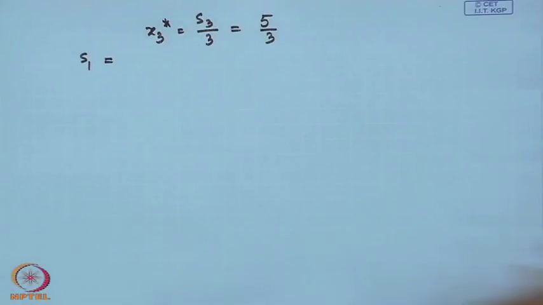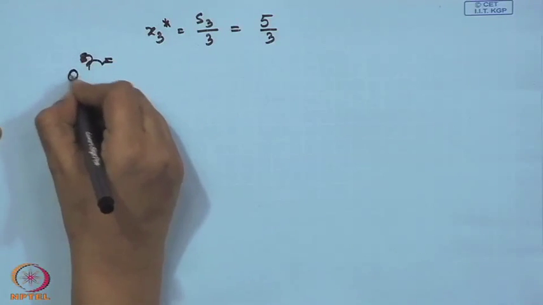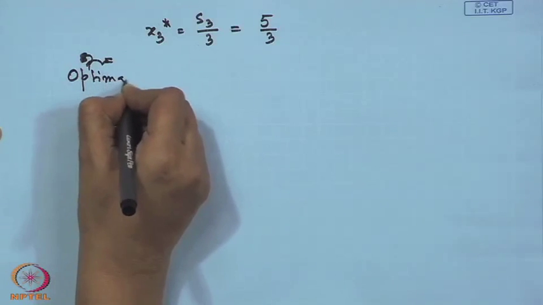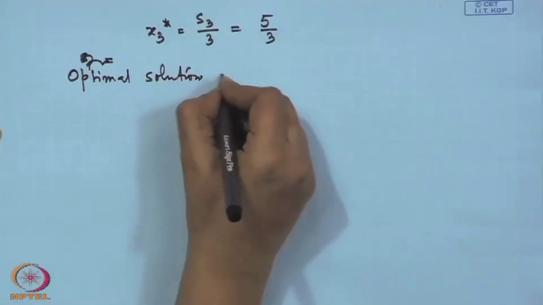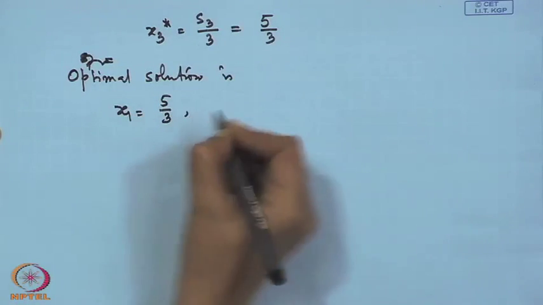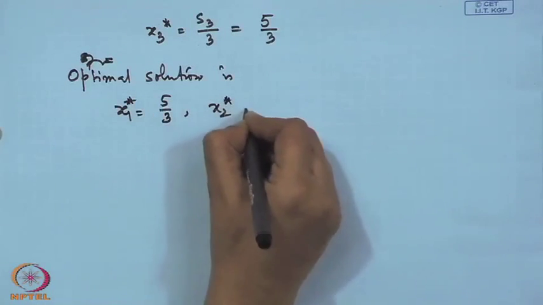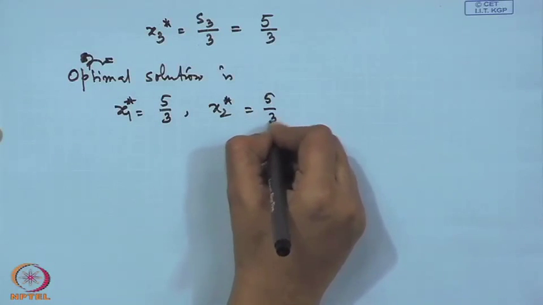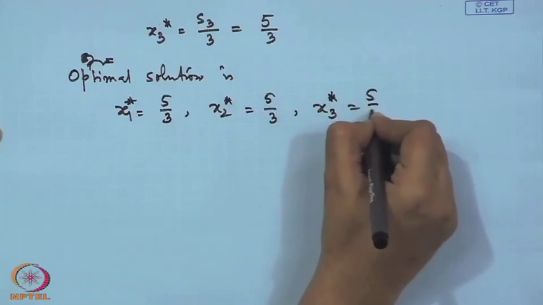In this way we can say that the optimal solution is x1 star is equal to 5 by 3, x2 star, let me put a star here because these are optimal values, is 5 by 3, and x3 star is equal to 5 by 3.